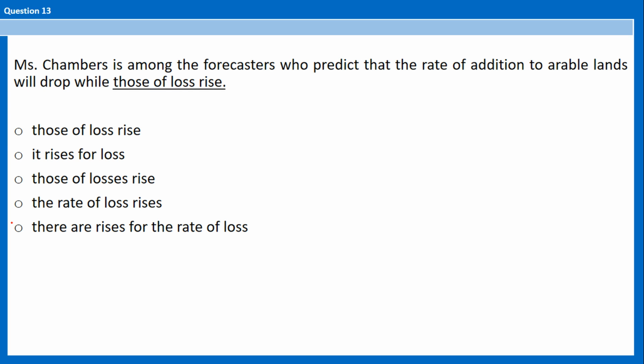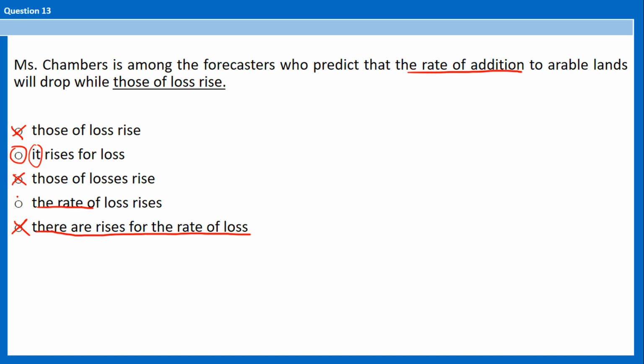This is a comparison. Comparisons need to be parallel. So the rate of addition will drop while what? Those is plural, but the rate of addition is singular. I cannot use those. So it's either it, the rate, or the worthy one. There are rises for the rate of loss, which is too worthy, eliminated.